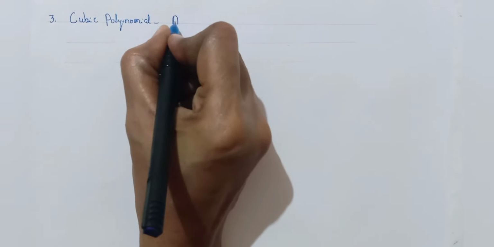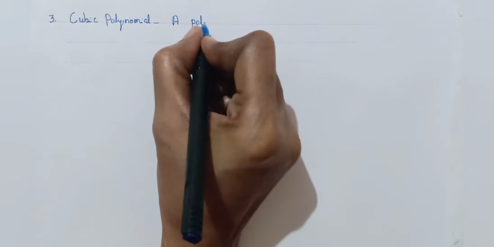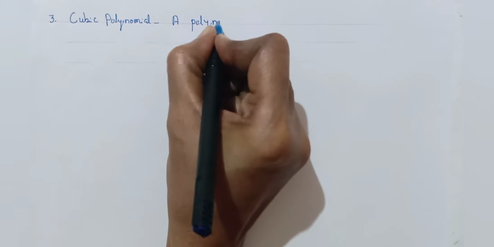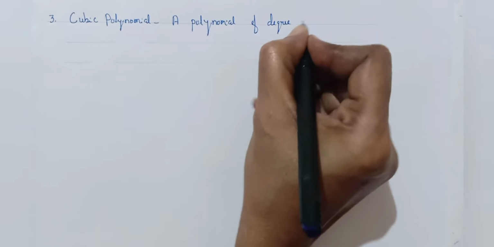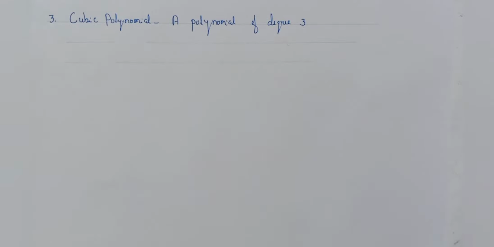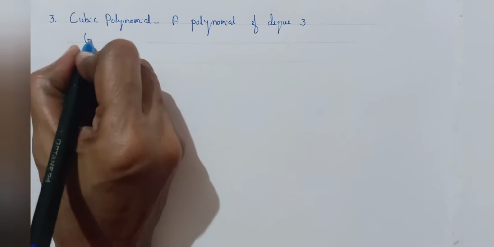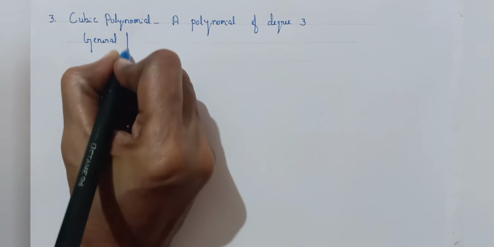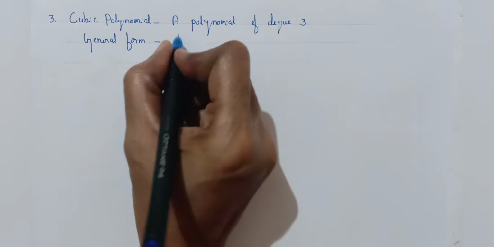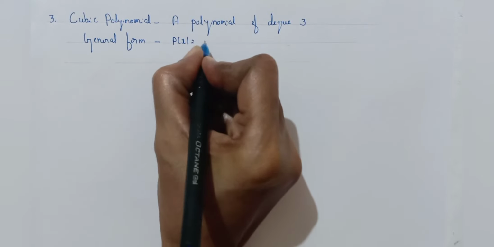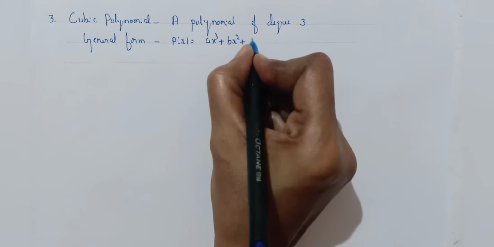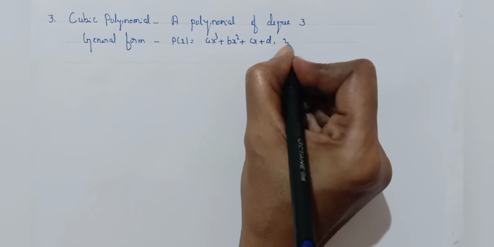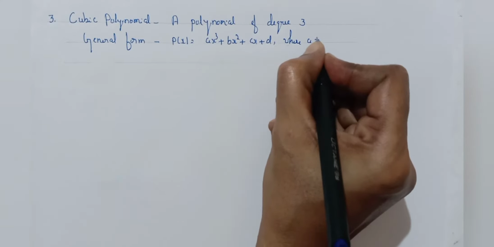cubic polynomial. A polynomial of degree 3 is called a cubic polynomial, and the general form of a cubic polynomial is p of x is equal to ax cube plus bx square plus cx plus d, where a is not equal to 0.